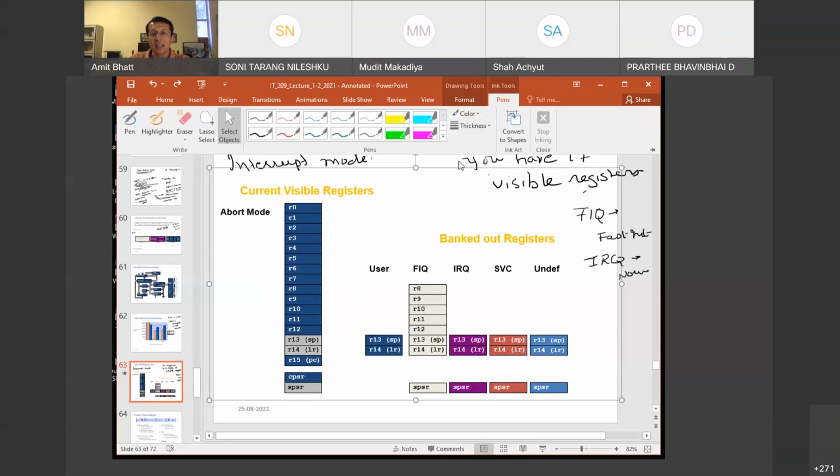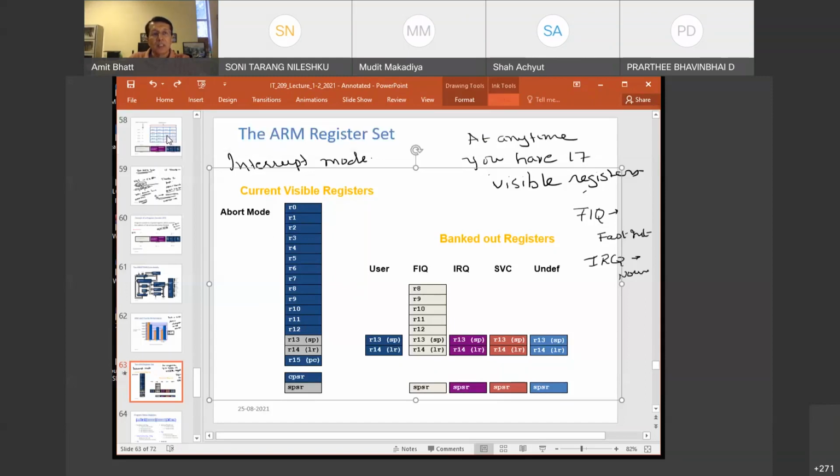So there is a stack given right here. The stack memory is bigger than this, but I don't want to overwrite on this. So they immediately say, okay, save R0 to R12, all the registers, into this stack memory.